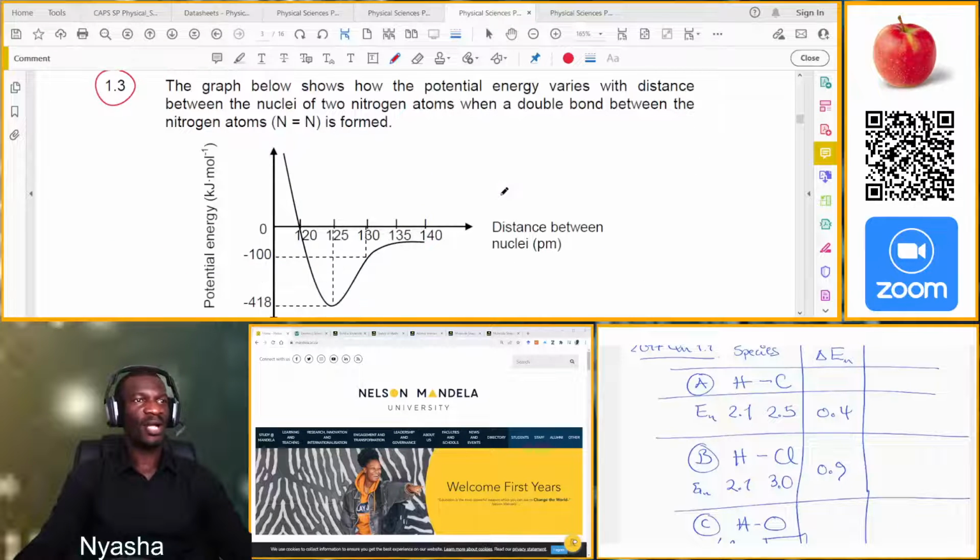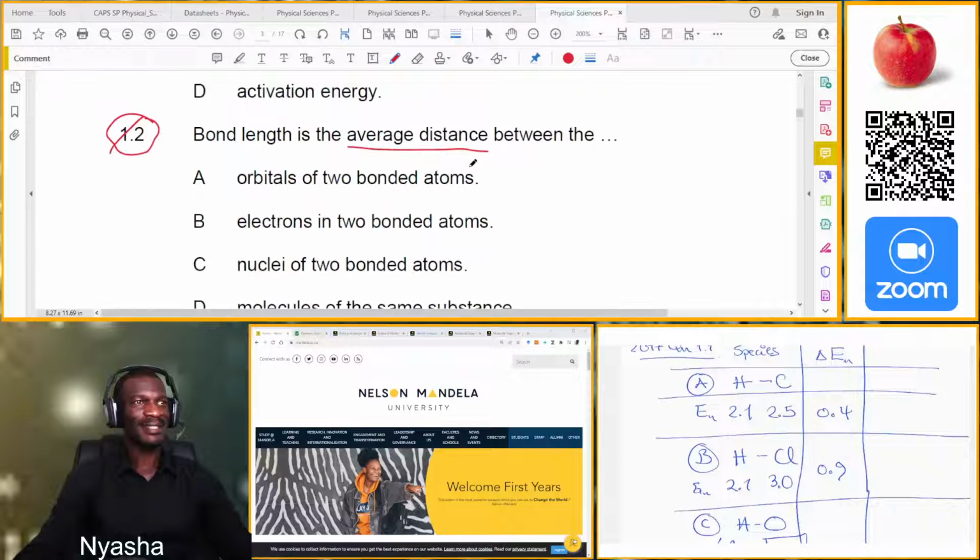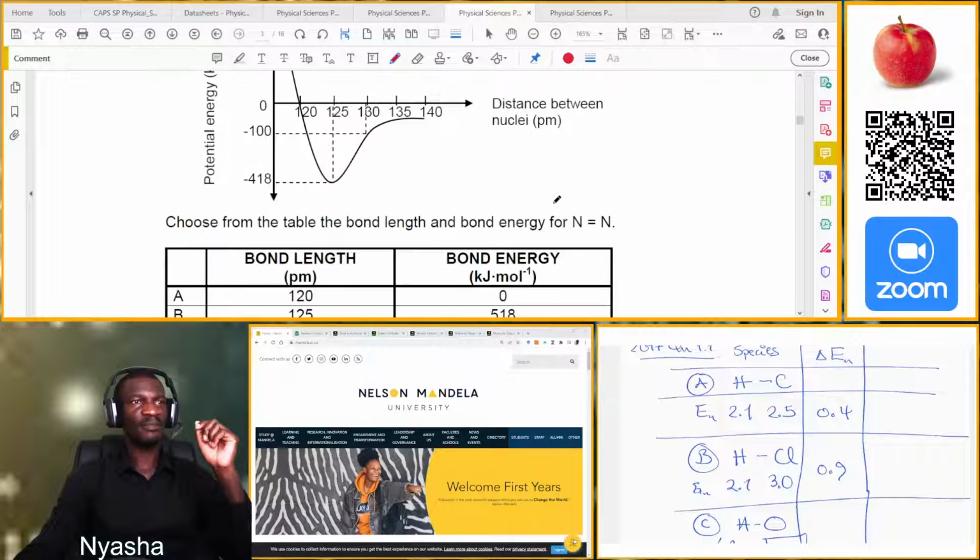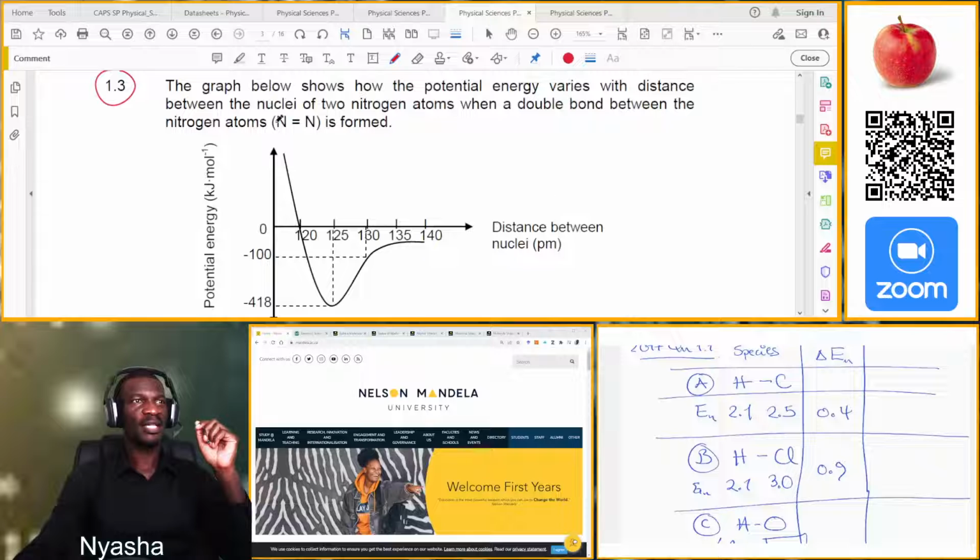Now, this one is the one which I wanted to make use of for this calculation, which has to do with bond length. What we wanted to use is this graph. So where do we get this graph? We can actually see it from our tool.